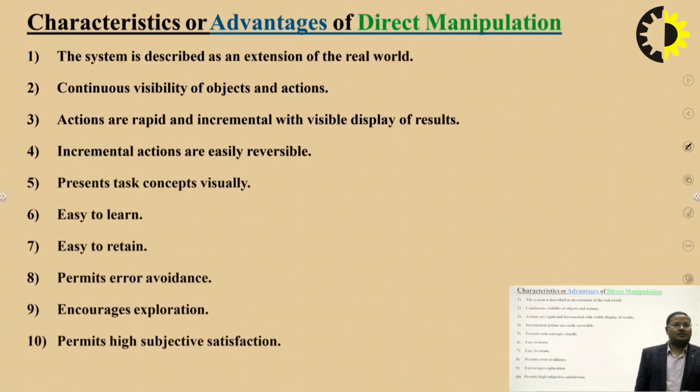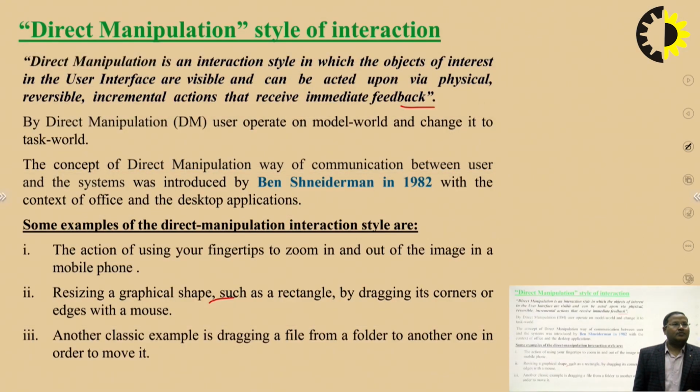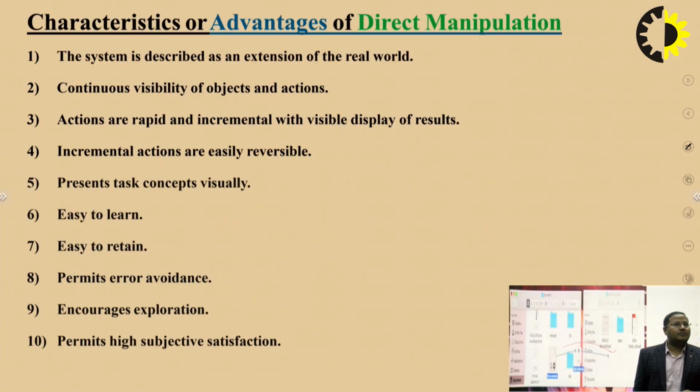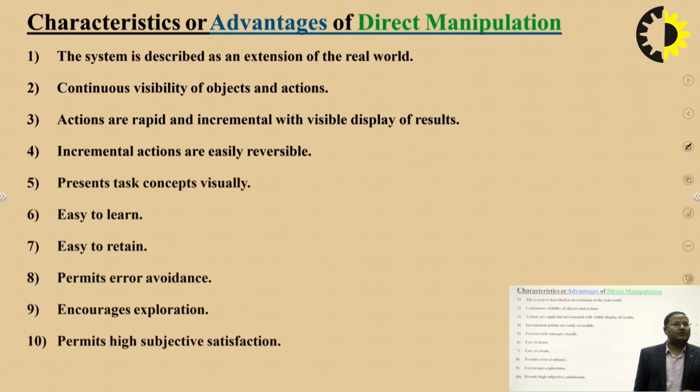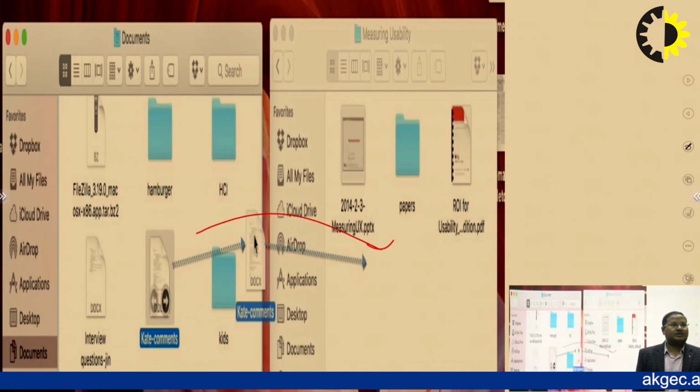Now, what are the characteristics or advantages of direct manipulation? It is very important to understand. The main advantages of direct manipulation are that the system is described as an extension of the real world. I already told you, in direct manipulation we are changing the model world into the task world. Continuous visibility of objects and actions: we are able to see objects and actions continuously.